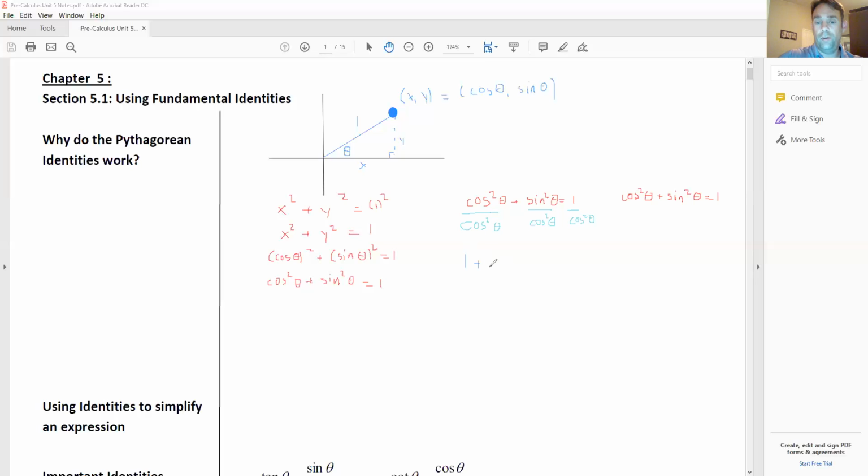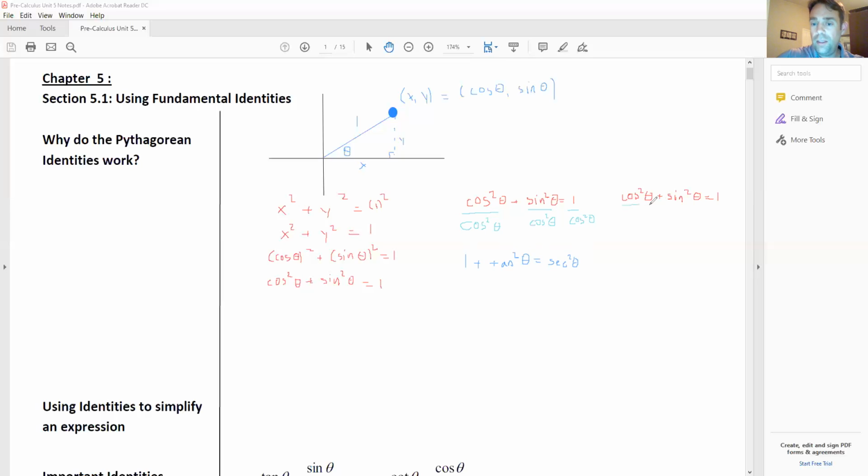Sine squared divided by cosine squared gives sine over cosine, well, that's tangent. And 1 over cosine, well, that would be secant. So we get another Pythagorean identity: 1 plus tangent squared theta equals secant squared theta.